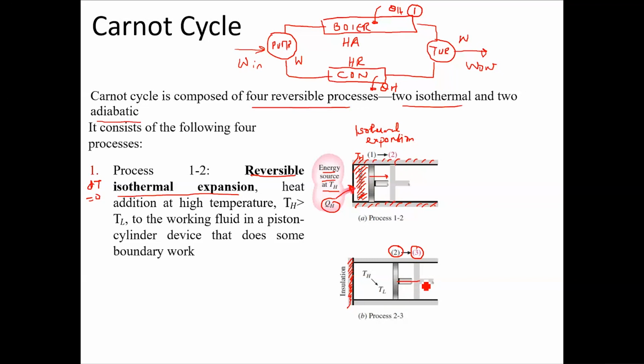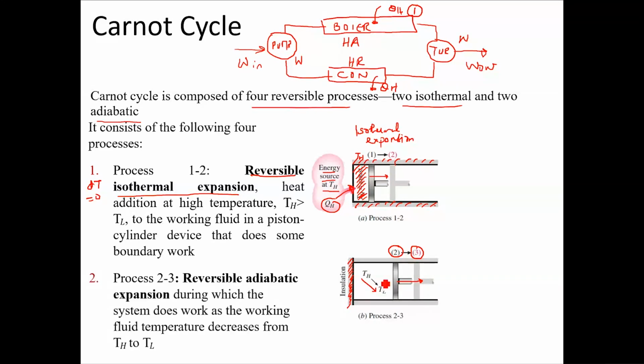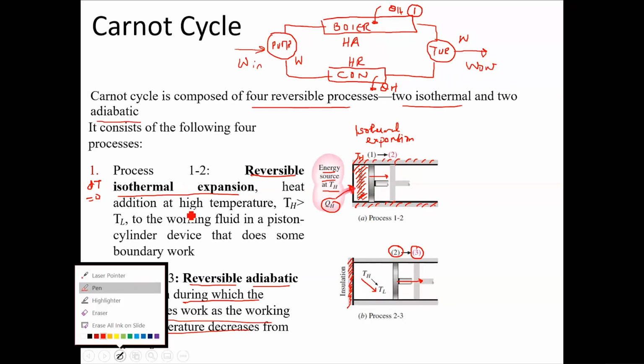As a result of this expansion from 2 to 3, the temperature would now go to a lower temperature, which is TL, and you call this process reversible adiabatic expansion. The heat which is being generated is essentially contained within the system. So during this, the system does some work as the working fluid temperature decreases from TH to TL.